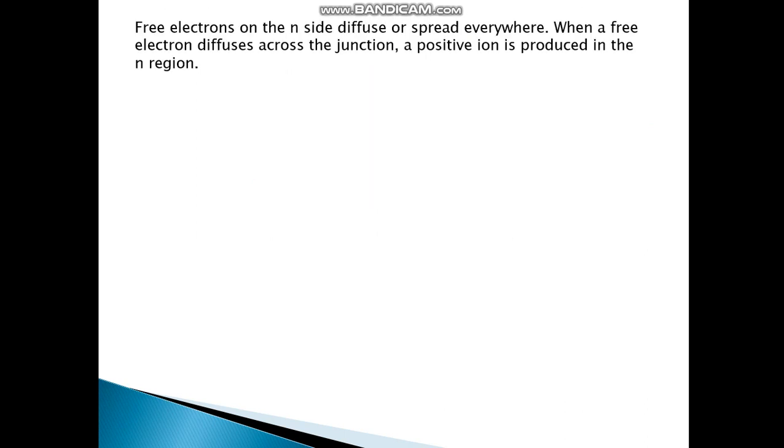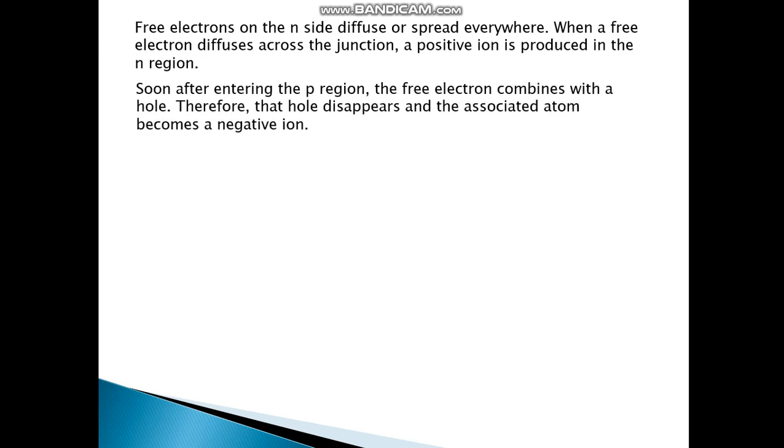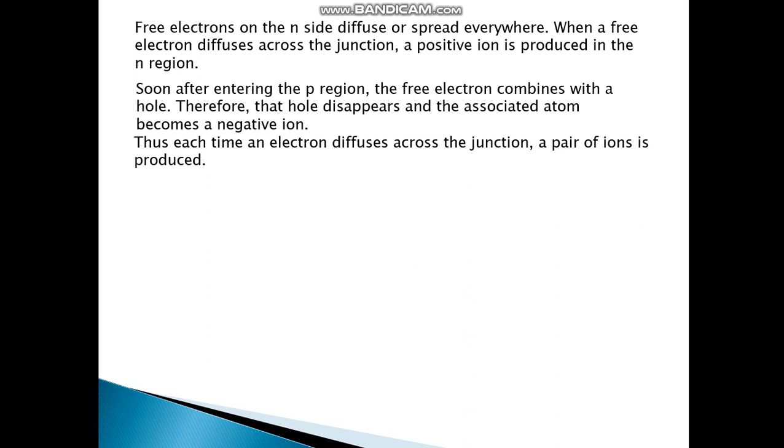So let us talk. Free electrons on the n side diffuse or spread everywhere. When a free electron diffuses across the junction, a positive ion is produced in the n region. Soon after entering the p region, the free electron combines with a hole. Therefore, the hole disappears and the associated atom becomes a negative ion.